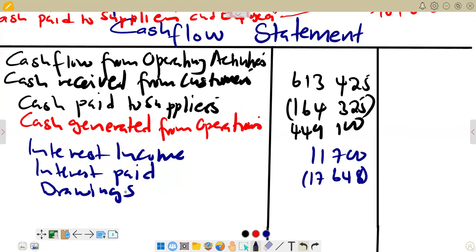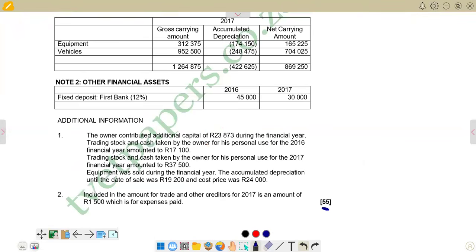Our drawings, you can only get in the additional information. So it means that we are going to check in our additional information which amount of drawings to have. If you come here, you would see that we are told that trading stock and cash taken by the owner for his personal use for the 2016 financial year amounted to 17,100.